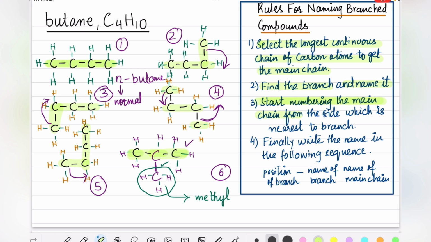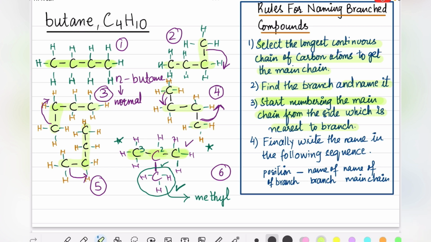The rule is start numbering the main chain from the side which is nearest to the branch. In this structure, whether we start numbering from the right side or from the left side, the branch is present at the middle carbon. So I will start numbering from here: 1, 2 and 3. There are 3 carbon atoms present in the main chain and a branch is present at carbon number 2.